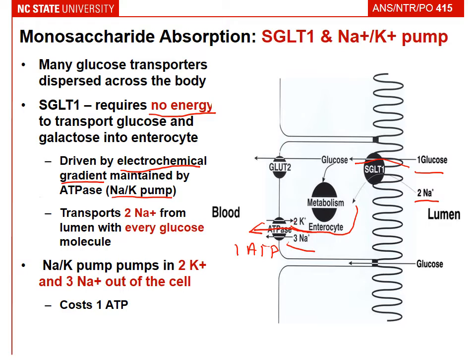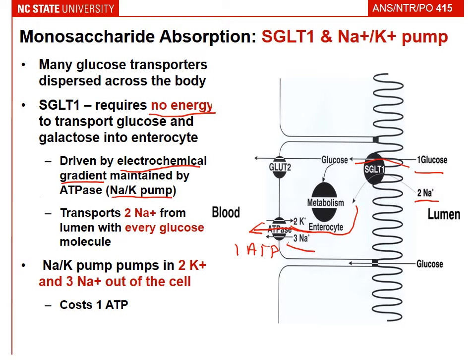Remember, SGLT1 specifically does not have an energy requirement. However, indirectly it does. SGLT1 is driven by an electrochemical gradient, which is maintained by the sodium potassium pump.